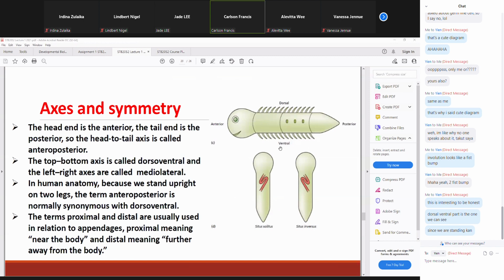Dari kepala ke kaki, dari atas ke bawah, refer to benda yang sama tak untuk manusia? Ya. Itu benda yang sama. So itulah ayat dia. Synonymous kan? Ya, synonymous. Okay, faham.